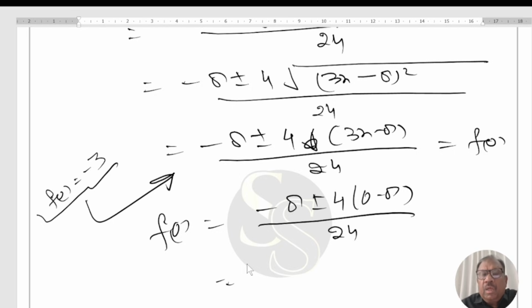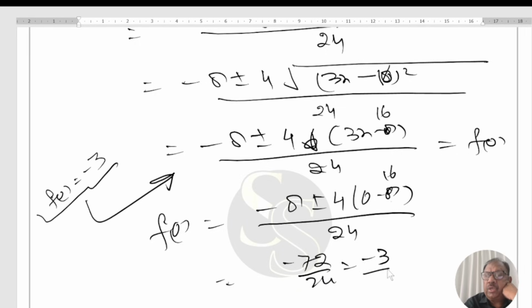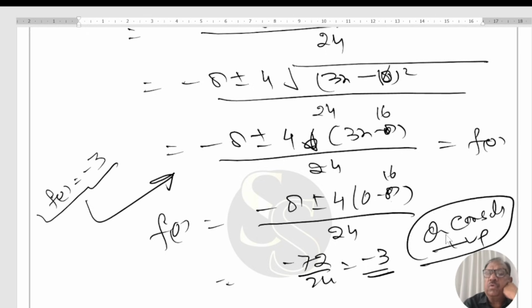So on simplification, with the plus sign we get f(0) equal to minus 3, which matches the given value.